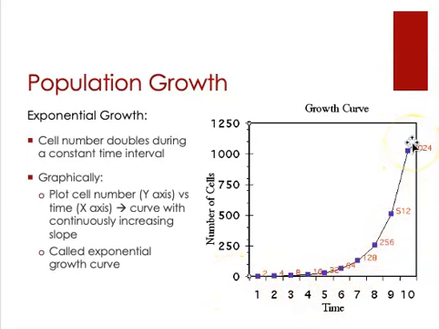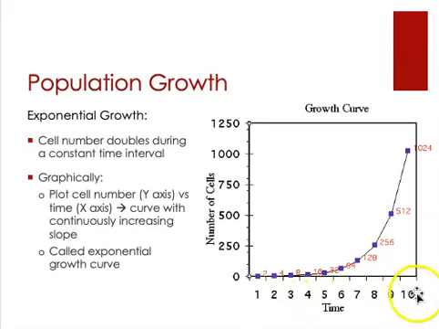The way this graph was produced, we plotted on the x-axis time going by, and on the y-axis the number of cells inside that culture. The cell number is going to double each time the generation time passes. So there's a constant interval of time that passes between each doubling of the cells.